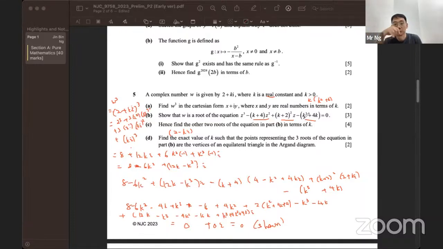So one will solve already. How many roots are there? There are 3 roots. So the last one will be a constant.